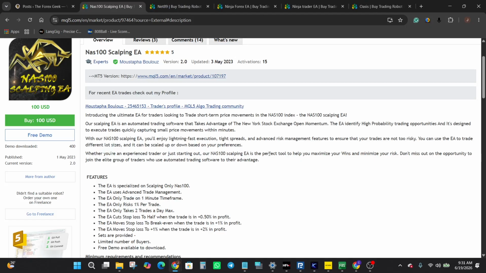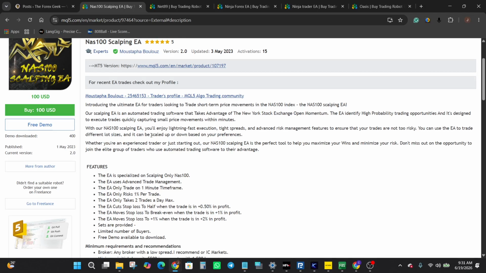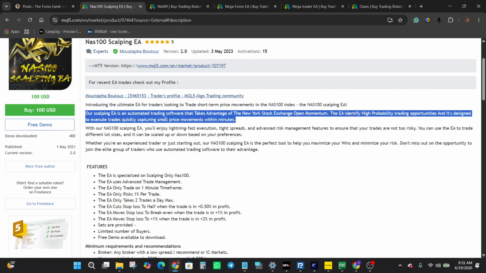According to the description, the EA is designed specifically for trading the NAS100 index, and it focuses on short-term price movements. The developer explains that the system is built around momentum associated with the New York Stock Exchange Open and is intended to identify high probability trading opportunities while executing trades quickly.